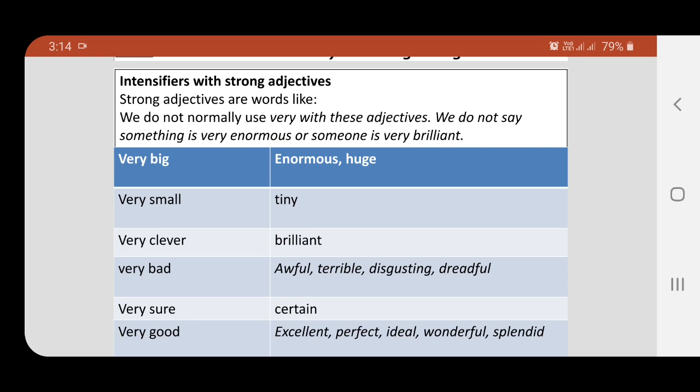Strong adjectives are words like, L-I-K-E, like is a strong adjective. So, we do not use very with these adjectives. Suppose you have strong adjectives. We do not say something is very enormous or someone is very brilliant. Very big, enormous, huge. These are strong adjectives.